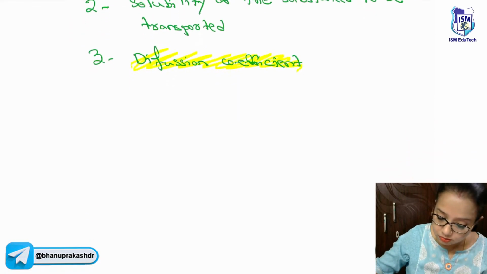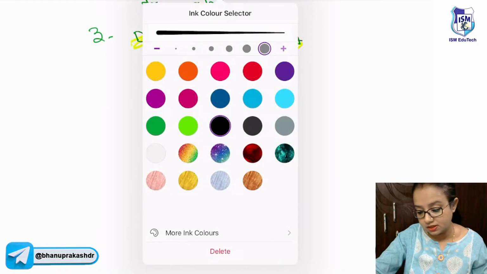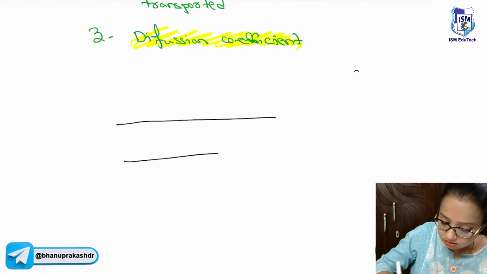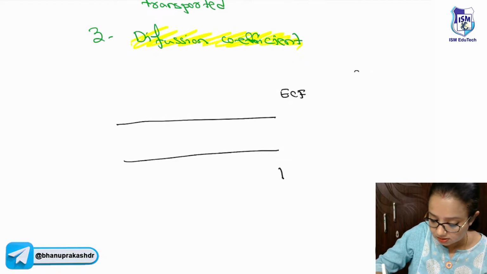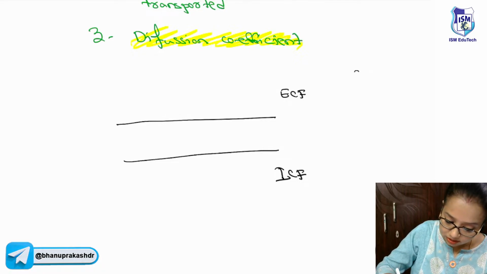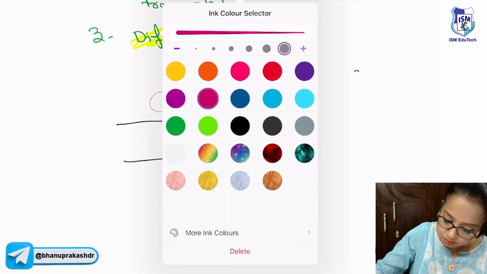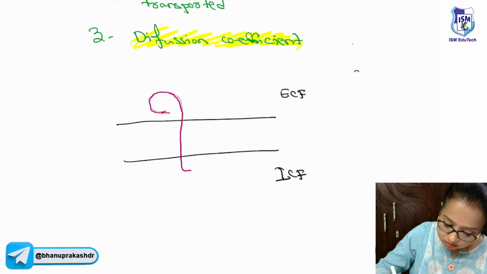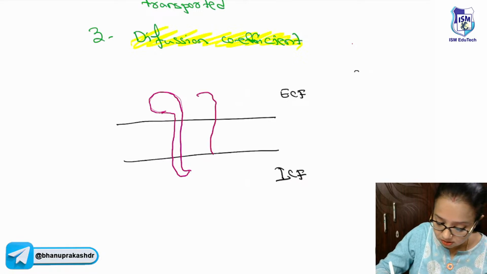Now, if we have to draw this in a simplified way, how would facilitated diffusion look? Say this is our cell membrane, this is the ECF, and this is the ICF. And let our hypothetical carrier protein, the transporter, be like this.